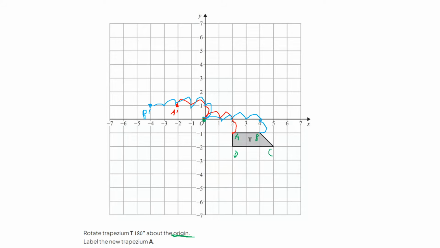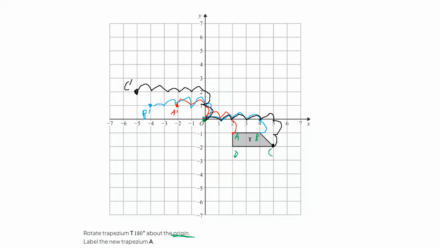And likewise, let's go for C. For C, we're going to need to go 1, 2 up and then 1, 2, 3, 4, 5 across. So we need to do the same thing for C. We need to go 1, 2, and 1, 2, 3, 4, 5. And we got C prime.